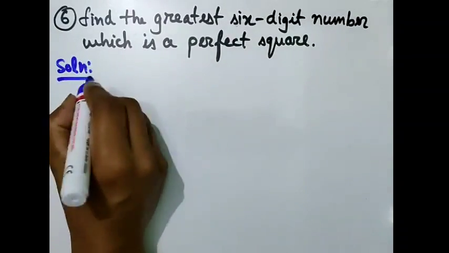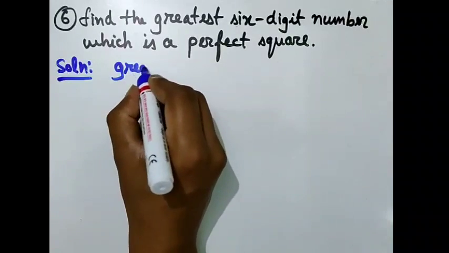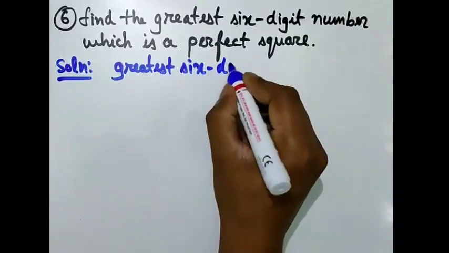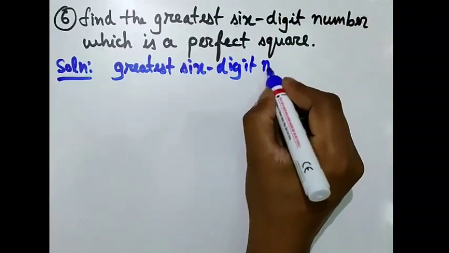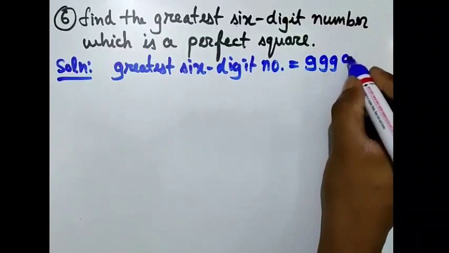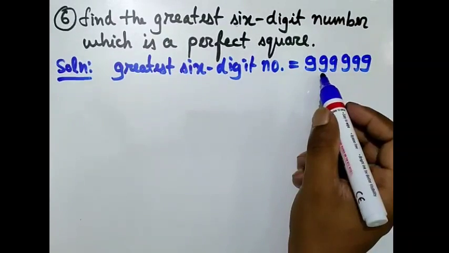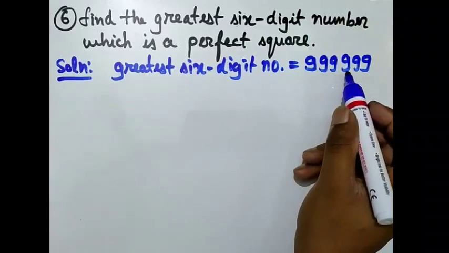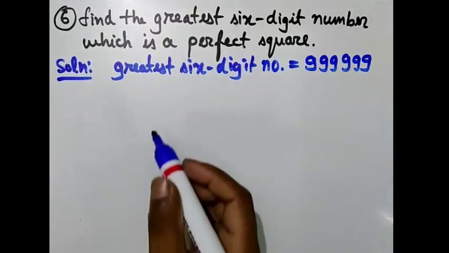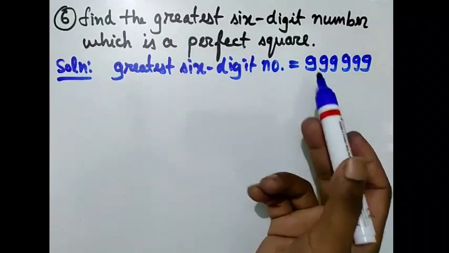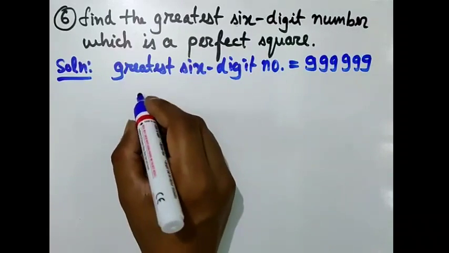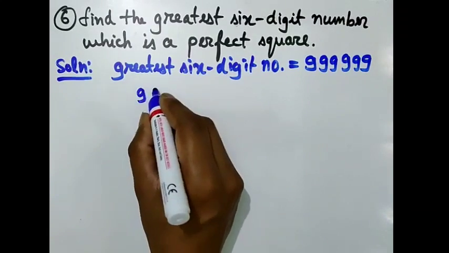The greatest 6-digit number is 9,99,999. Now let's find the square root of 9,99,999. We'll use the division method.